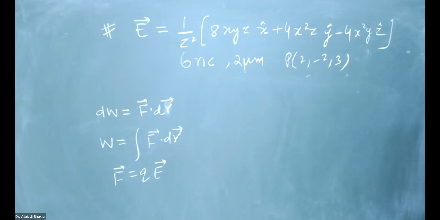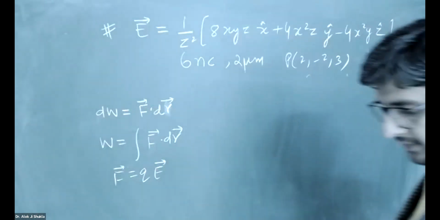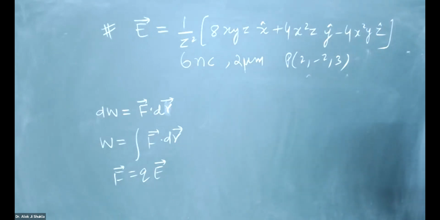Suppose you start at 2, minus 2, and 3 and move in that direction. So let us write that. Tell me.